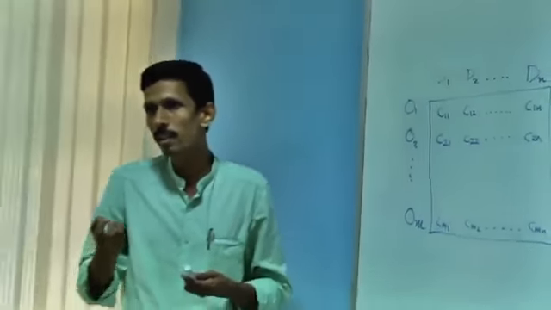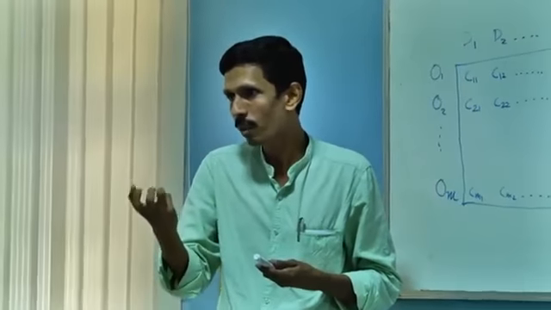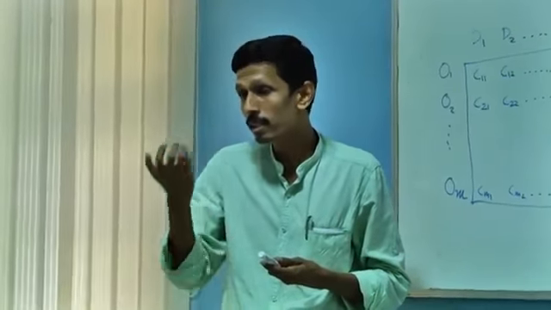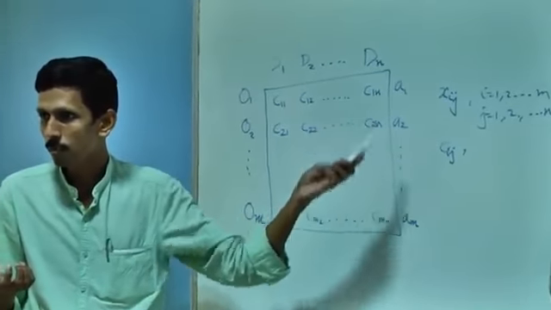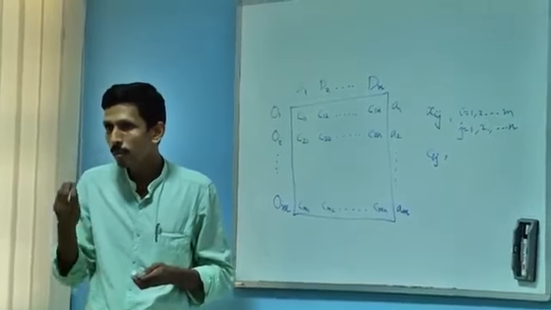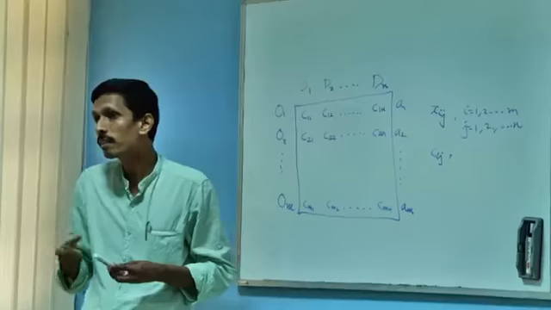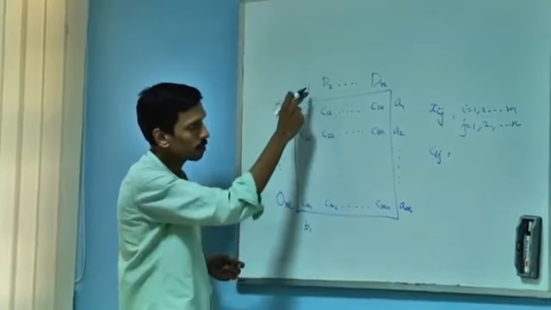Similarly, there will be another constraint that each destination requires a minimum quantity, which we call demand. Here we will call this a supply. This is a supply vector. Then there will be a demand vector. Demand vector means the minimum requirement at each destination. Let us denote it like this, B1.